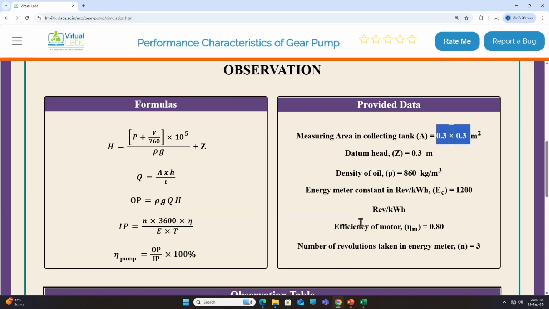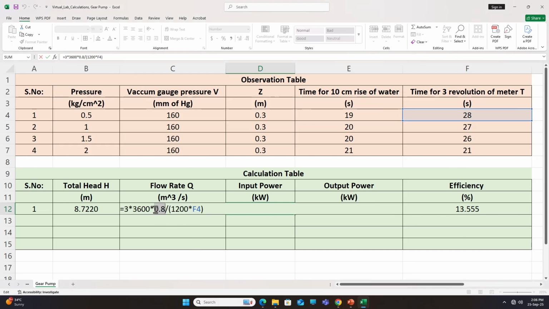So, you can see here that energy meter constant, that is EC, is 1200 and time taken is for the specific observation. Eta, that is efficiency of motor, is 0.8. All these values are entered here. 0.8 is the efficiency of the motor, 1200 is the energy meter constant. So, this gives me the value of the input power.